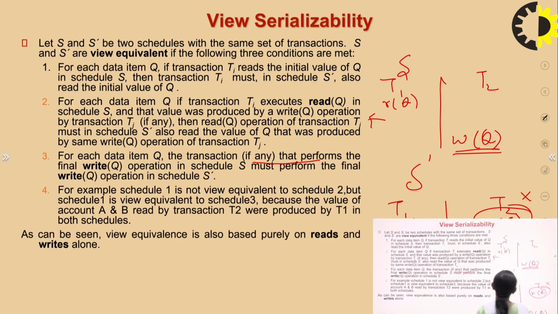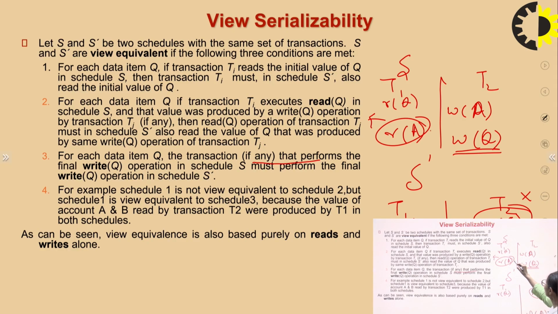That is, I have this order. For example, here I have written on A, and T1 is reading A, which was previously produced by T2, then this order should also remain maintained in S dash.